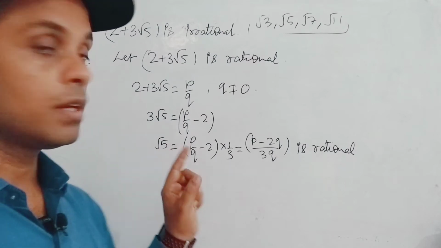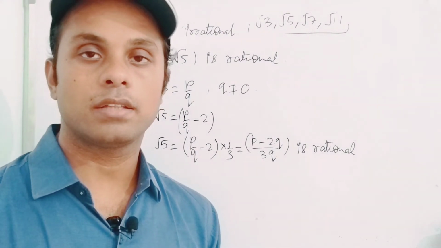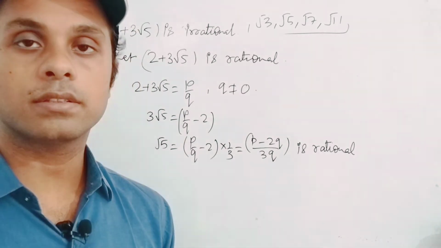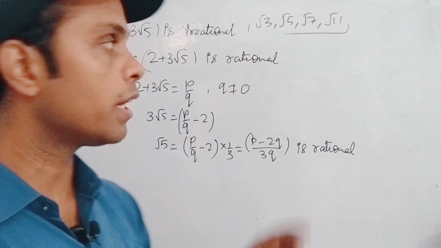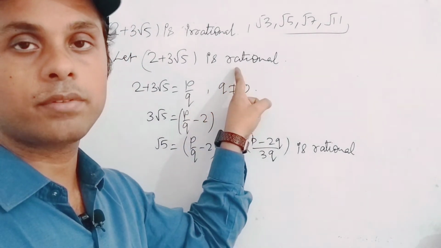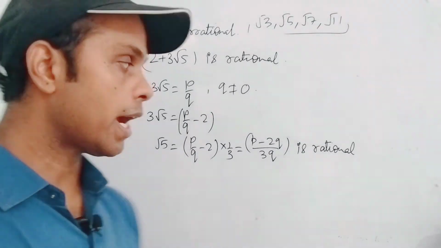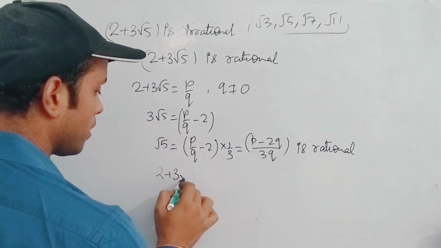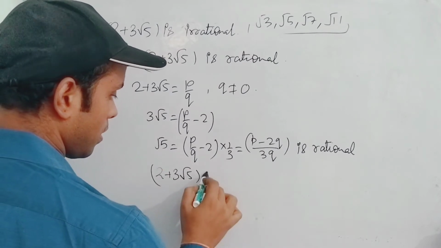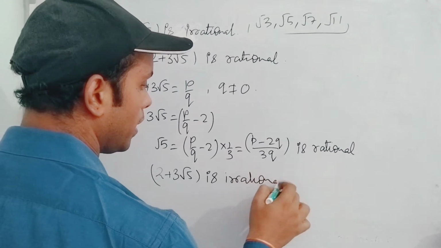So root 5 is rational. It means this contradicts the fact that root 5 is irrational. So our assumption is again wrong. 2 plus 3 root 5 is not rational, and 2 plus 3 root 5 is irrational only.